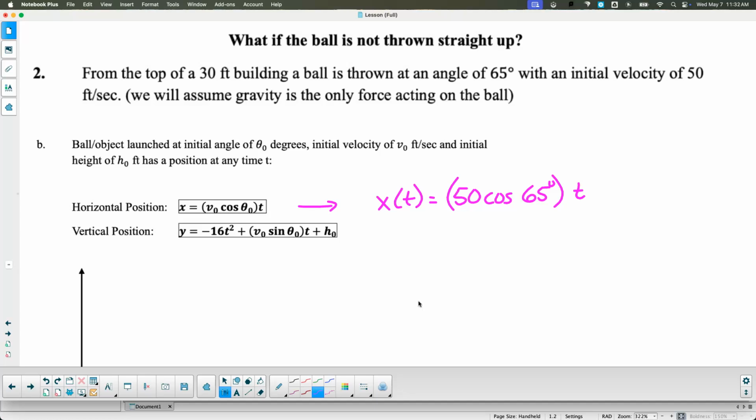Our vertical position is going to be y of t equals negative 16 t squared plus 50 sine of 65 degrees times t plus 30.